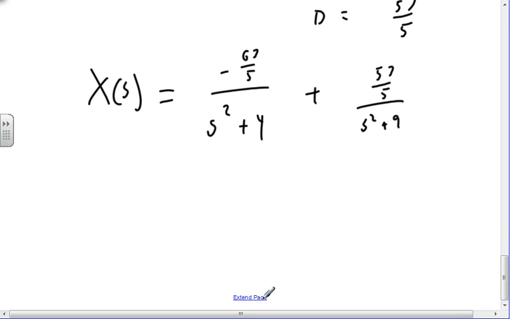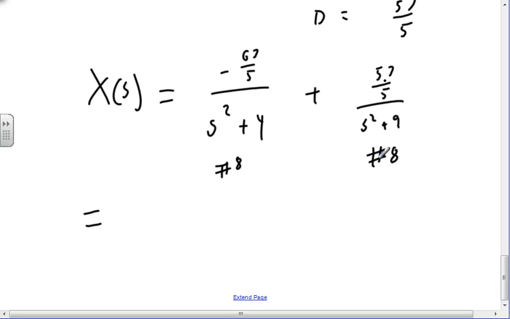Now, we want a 2 on top of this guy, and we want a 3 on top of that guy. I know that for a fact because I'm looking at number 8 in my Laplace transform table.